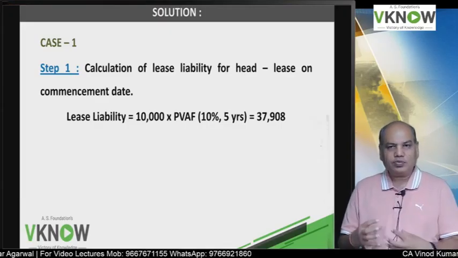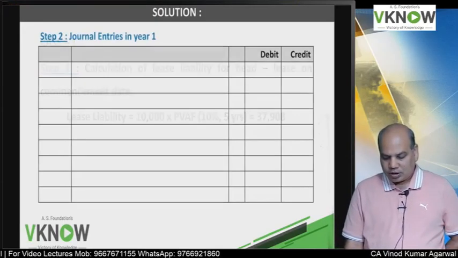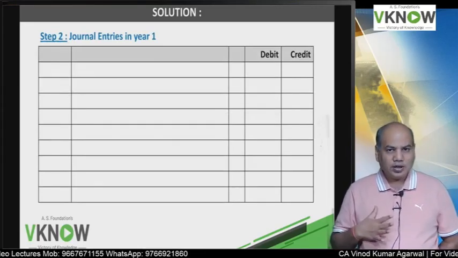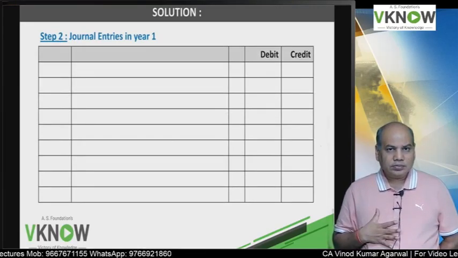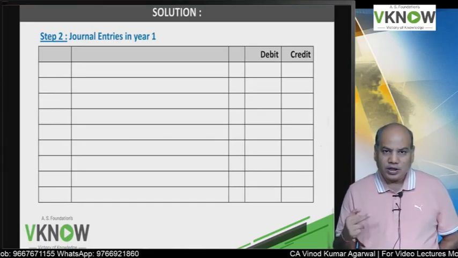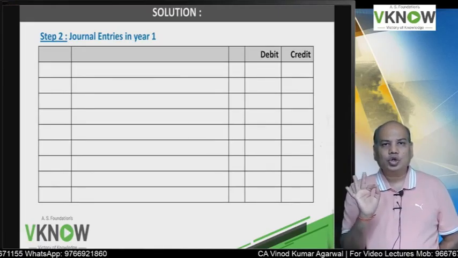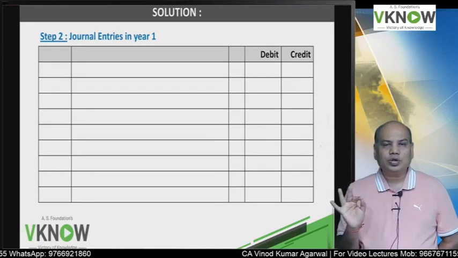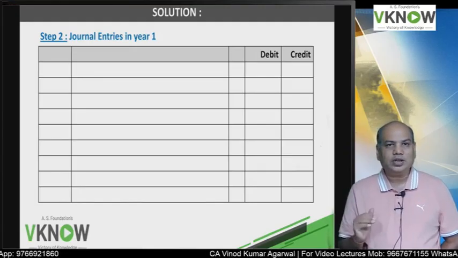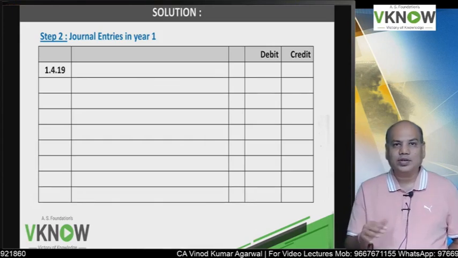So my first step would be to find lease liability in the case of head lease. In year 1, there is no sublease. Sublease will start in year 2. First year will pass normal entries in the books of lessee. First year there is no issue of sublease.